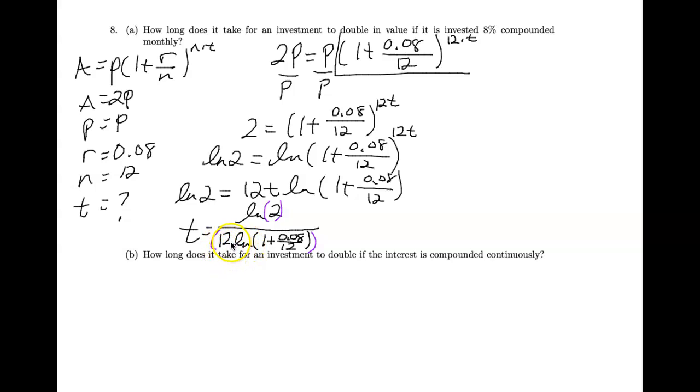If you do not include the parentheses, your calculator is going to compute the natural log of 2 divided by 12 and then times the ln of this. So in order to get that factor in the denominator, you need to include the extra parentheses. After you compute this, you're going to find that t is approximately 8.69 years.